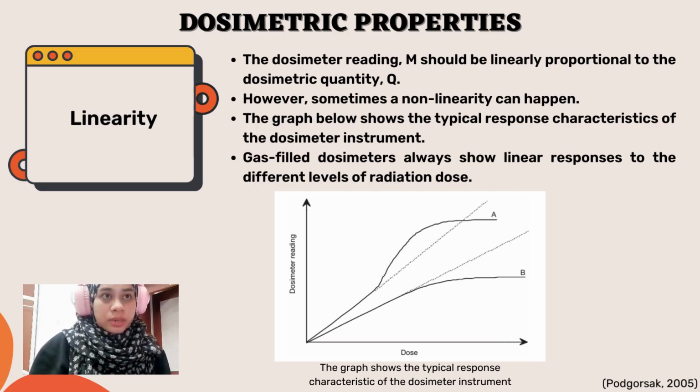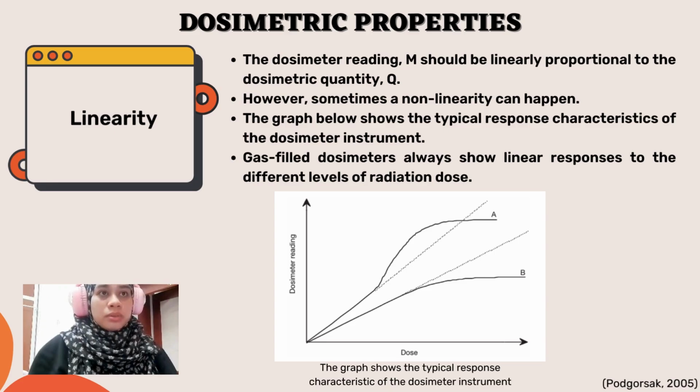Graph A shows that at the beginning it exhibits linearity with the dose, and then it becomes supralinear, which makes it go above the linear line, and then finally it becomes saturated. Graph B also exhibits linearity at the beginning, and then it becomes saturated at high dose.